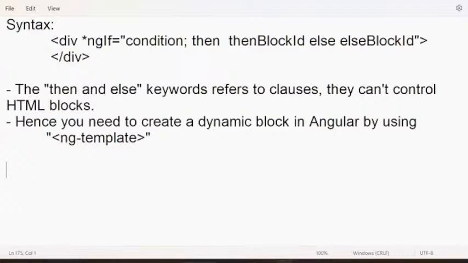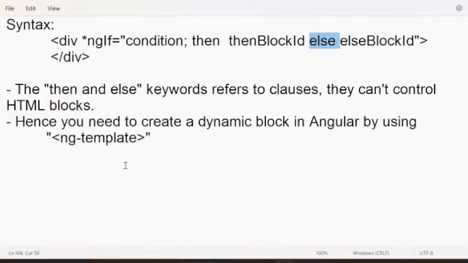Currently, what is ng-template? ng-template indicates a set of markup to render into the page when the condition is matching or not matching. That means then and else cannot control HTML blocks, so we have to control them by using a dynamic block.